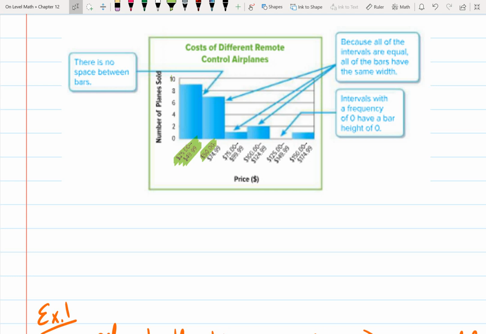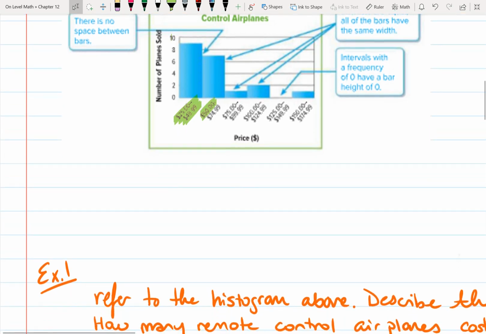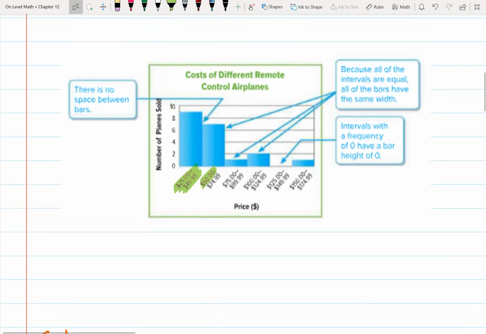You can say there are no planes sold at this store that are $125 to $149.99. So when you describe the data, you've got a couple different things to say. If I say something different, but what you said is accurate based on the histogram, then that's totally fine.